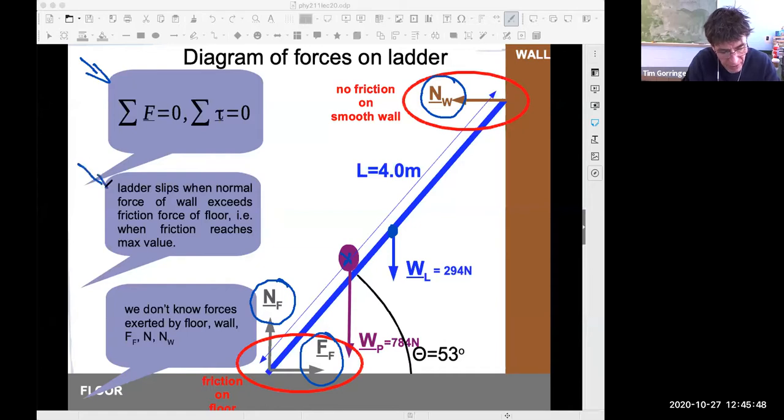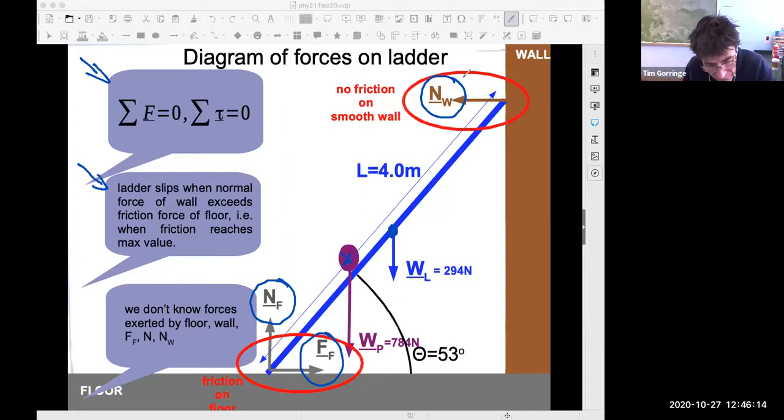And as I say, the moment the ladder would slip is when the normal force exerted by the wall, which is pushing towards the left on the ladder, exceeds the maximum value of the frictional force from the ground, which is pushing towards the right on the ladder.